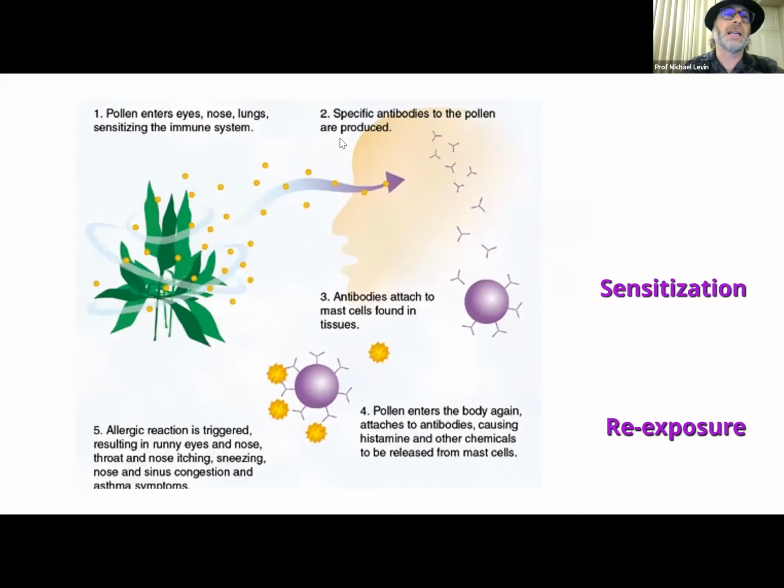The process of allergy in really very basic terms is where a foreign substance, usually a pollen, such as house dust mites or mold or grass or tree pollens, enters the body, sensitizes you, causes a class switch to IgE antibodies, which then are bound to your mast cells and your basophils, and then when the allergen enters the body again, it causes release of histamine and other chemicals, resulting in an allergic reaction.